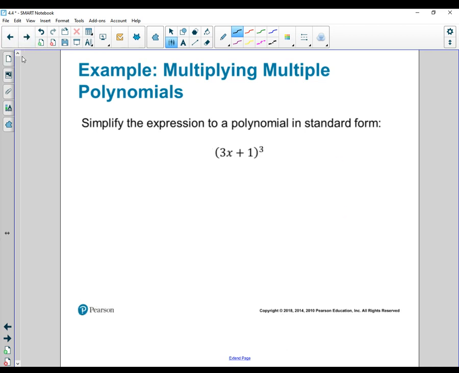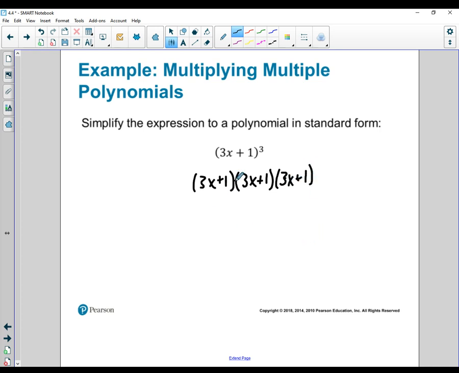And then this last one I'm not going to do. I just want to hound again that because of this plus sign, this 3 cannot just get distributed there, right, to the third. What that really means is 3x plus 1, the entire thing, 3x plus 1, the entire thing, 3x plus 1, times itself 3 times, right?